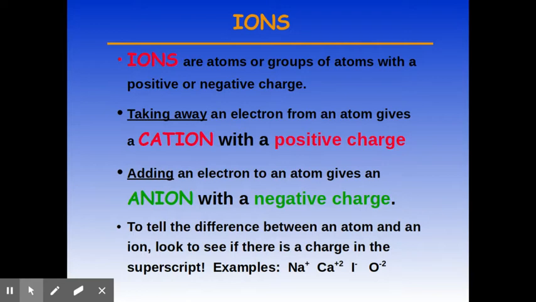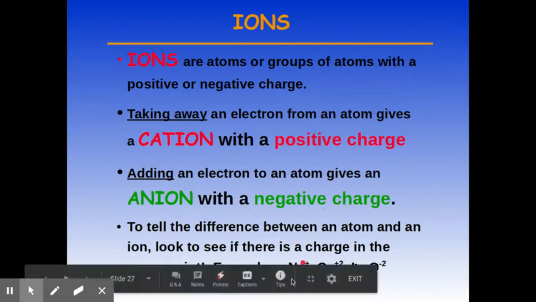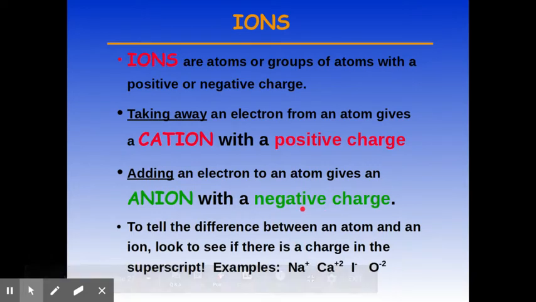If that plus wasn't there, I would say it has 11 protons and 11 electrons. But since that plus is there, it has 11 protons, and it would have had 11 electrons, but it has lost one because it's positive. So it now only has 10 electrons.